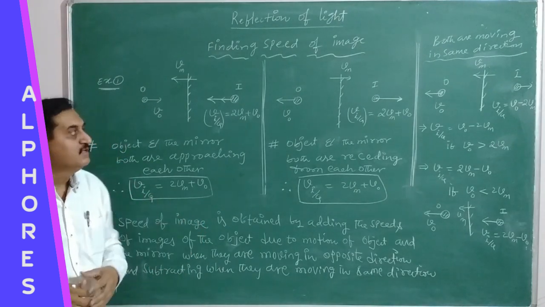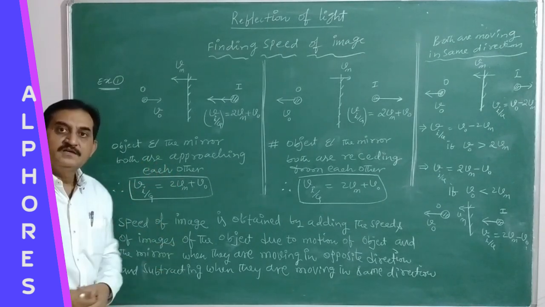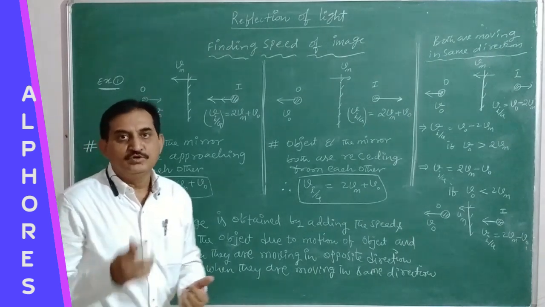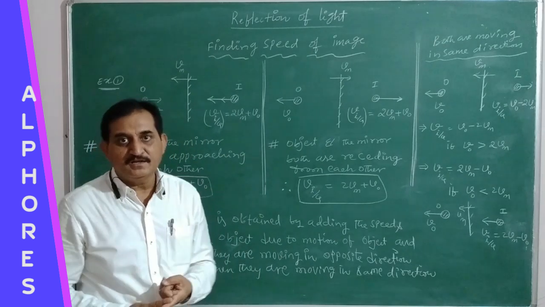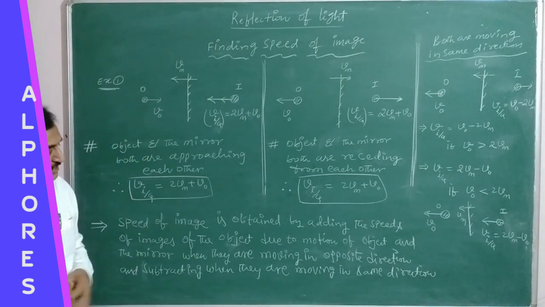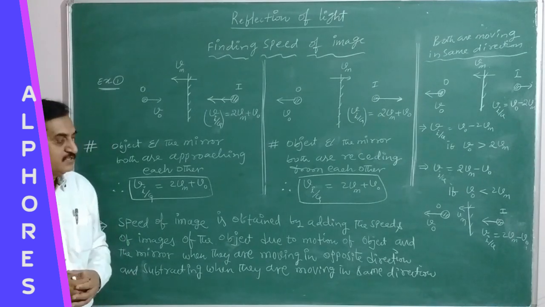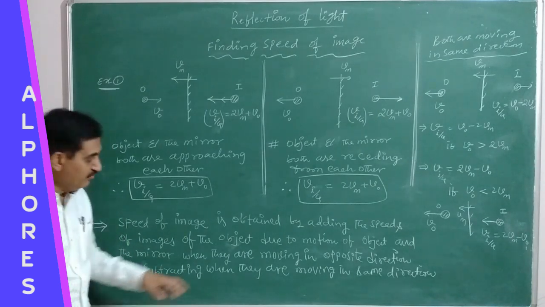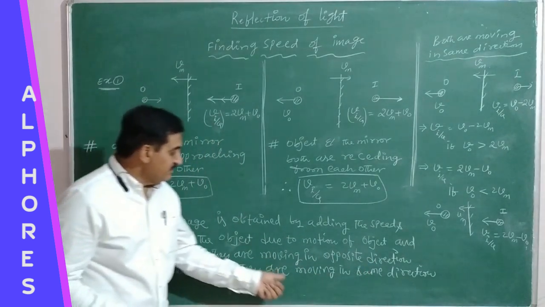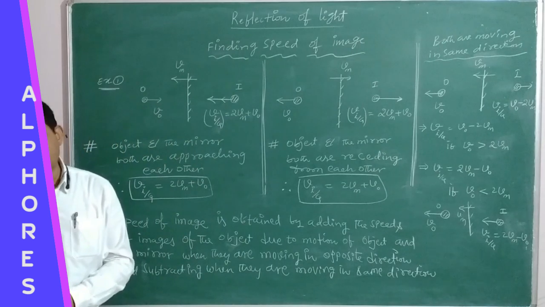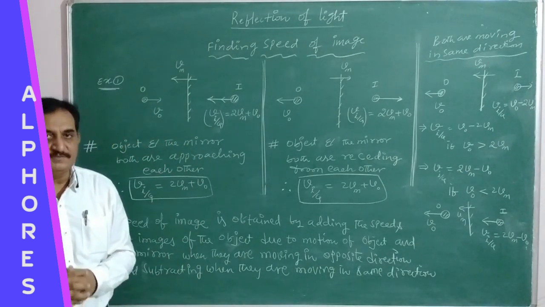The condition is when they are moving in opposite directions, definitely the image formed due to motion of the object and the image formed due to motion of the mirror, these two speeds will add up to get the final speed of the image, and they subtract when they are moving in the same direction. Suppose the mirror and the object are moving in the same direction.